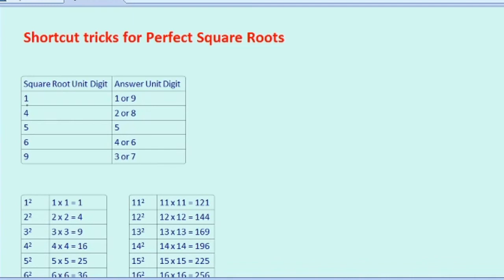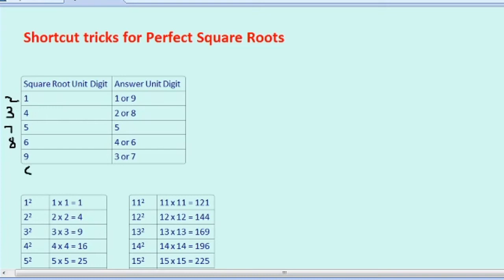Now just what are the numbers missing here? 2 is not here, 3 is not here, then 7 is not here, and 8 is not here. So if the number ends with 2, 3, 7 and 8, then you can say that it is not a perfect square, it is a non-perfect square.